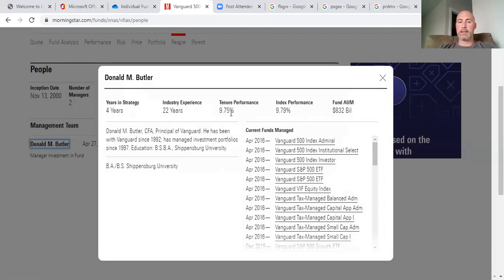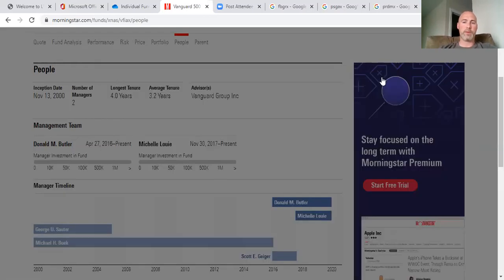During his tenure on this mutual fund, it's averaged 9.75% rate of return. Index performance means other mutual funds in the same category, how they perform. This will tell you things like Donald Butler has been with Vanguard since 1992. He's managed investment portfolios since 1997. Got his degree from Shippensburg University, wherever the heck that is. And if you want to know more, you can learn more about those people.